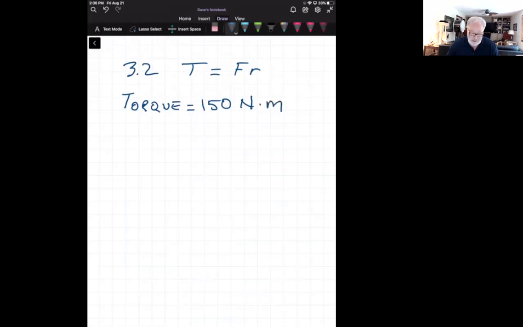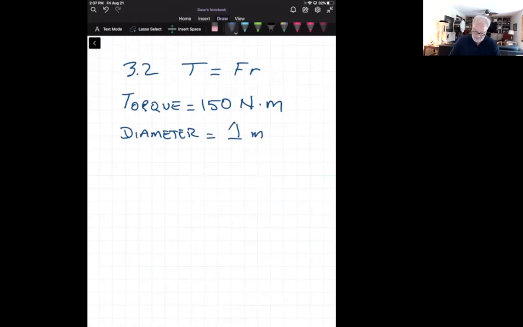He says the torque given is 150 Newton meters. If the pulley on the shaft has a radius, wait a minute, he's messing with us. He says not a radius, a diameter. Okay, no problem. The diameter is equal to 1 meter. Calculate the braking force needed to prevent the motor from turning. Well, that's phrasing something differently.